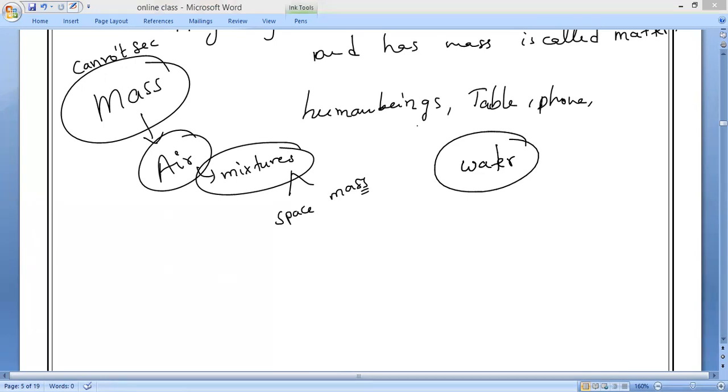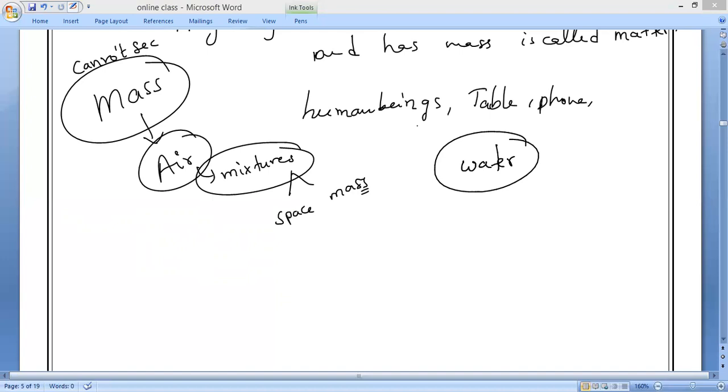Danishka, do you remember ice cream? Arun, ice cream. Yes, alcohol, milk, all the substances, whatever you can see. Some substances we cannot see with our eyes, but still they occupy space and have mass.